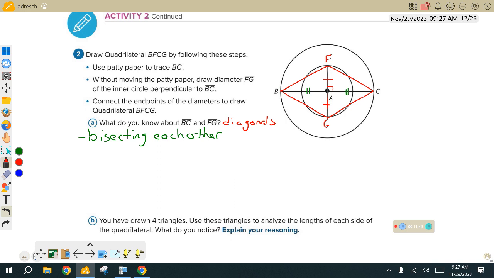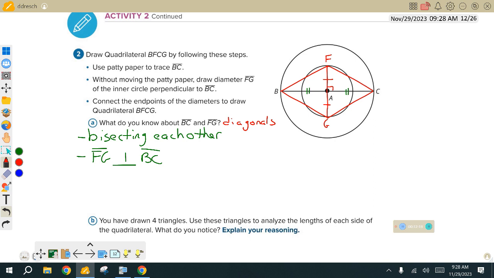We're using the perpendicular bisector on that one, so they are also perpendicular. Let's state that FG is perpendicular to BC. But clearly, they're diameters of two different circles, so those diagonals are definitely not congruent. I'm hoping you see that. So this one gets two of those three.